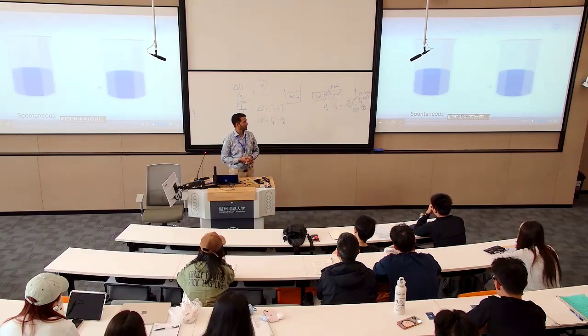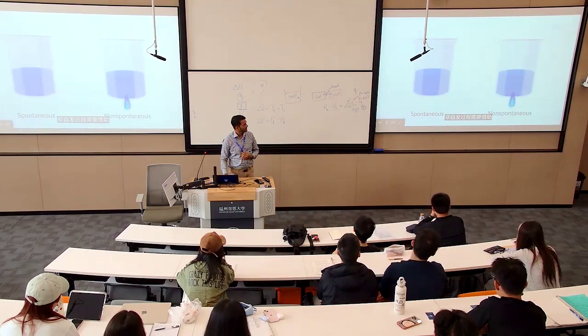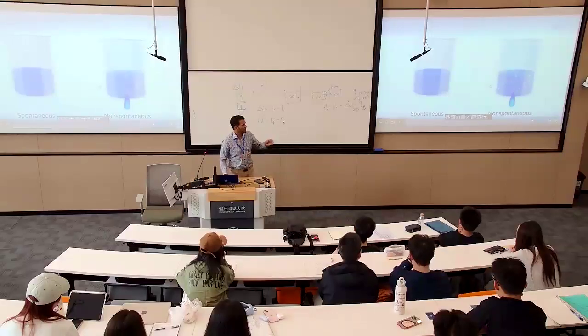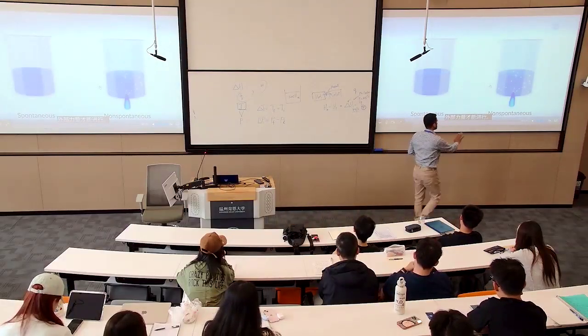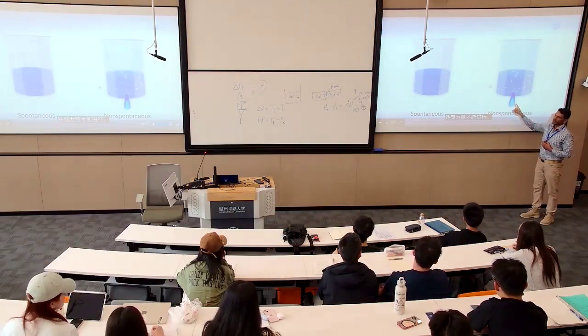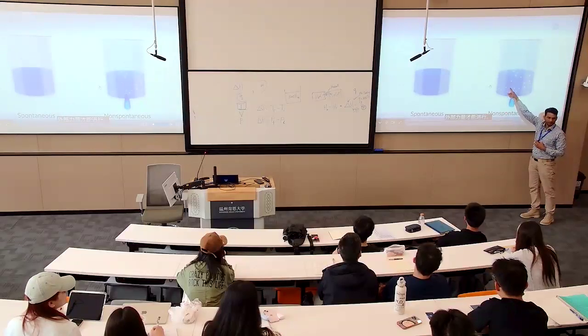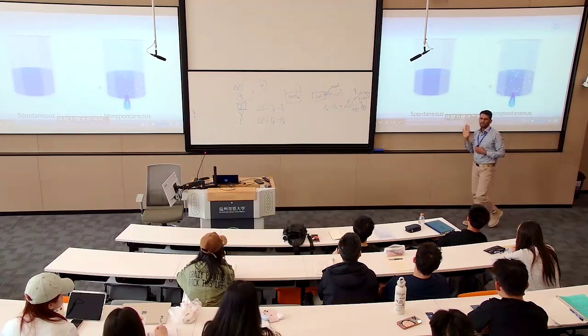Non-spontaneous. Okay, let's dig deeper into this concept. A non-spontaneous process is one that requires external forces to proceed. So in this diagram, it's the heat, but non-spontaneous means any form of external energy. If you provide energy from the surroundings to the system and some process change takes place, that is non-spontaneous.